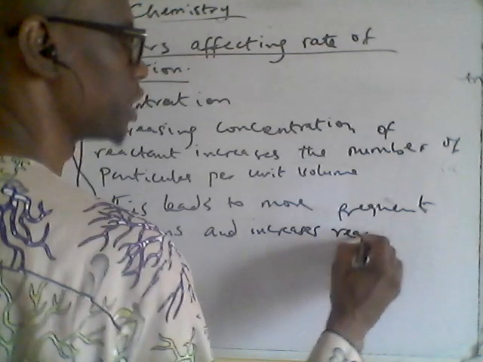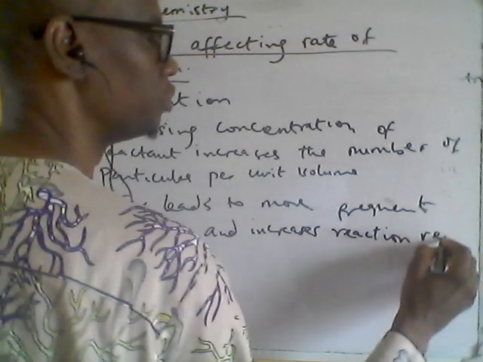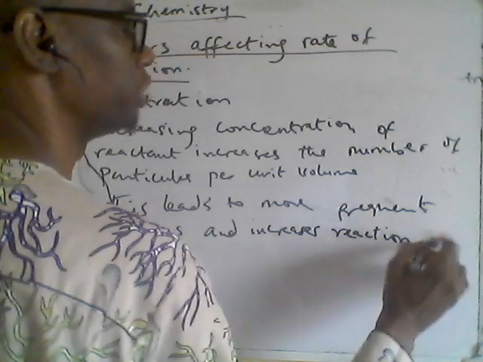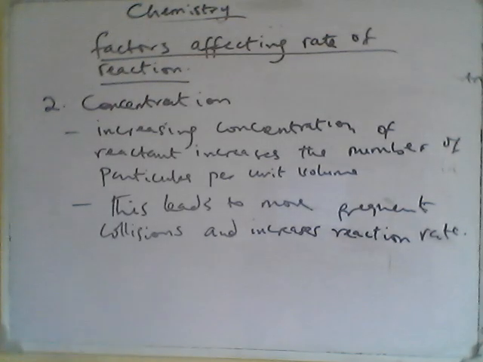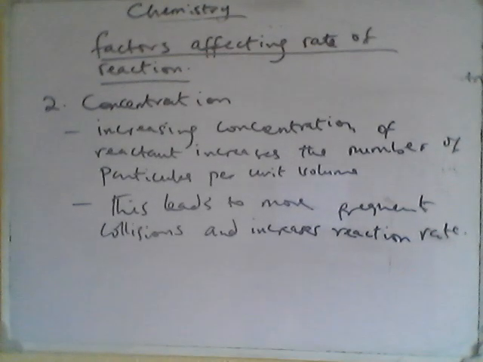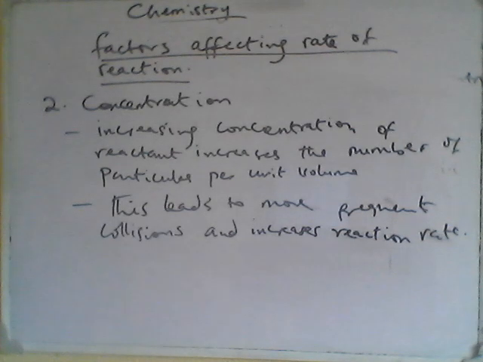It increases reaction rates. Okay, so this is what concentration can do. An example of a concentration factor affecting the rate of a chemical reaction is when more concentrated hydrochloric acid reacts faster with zinc than a dilute one.